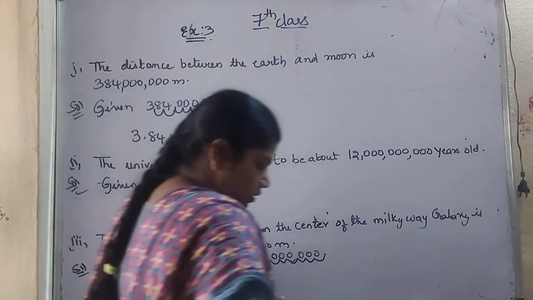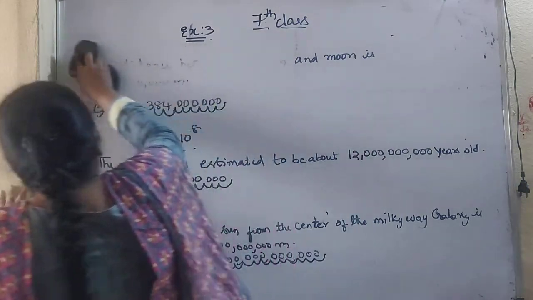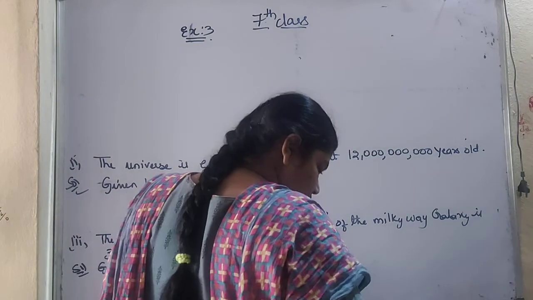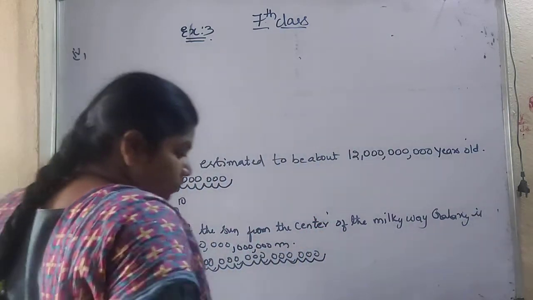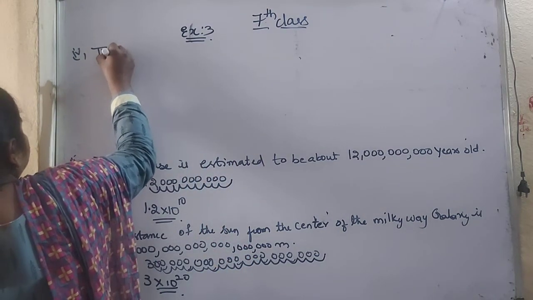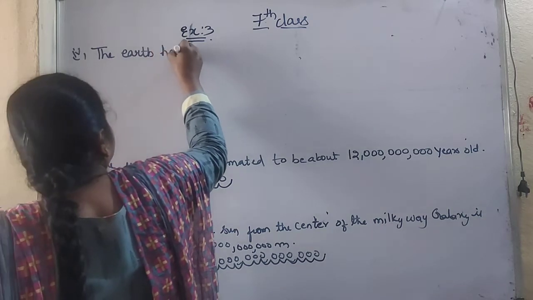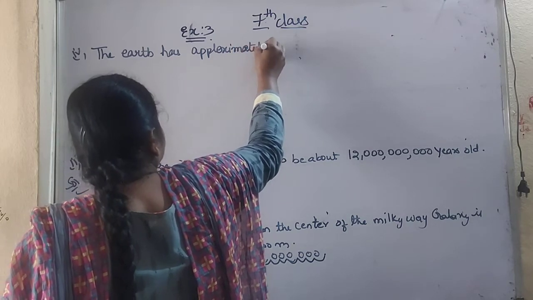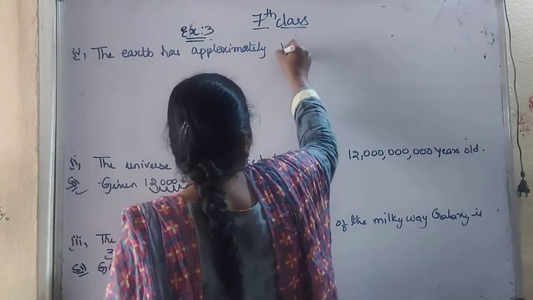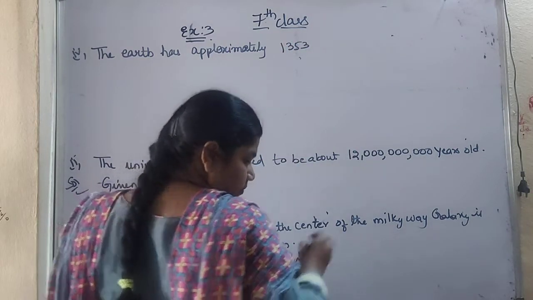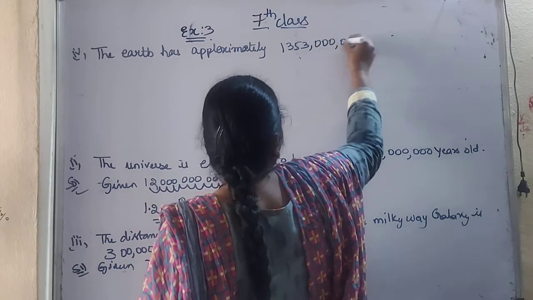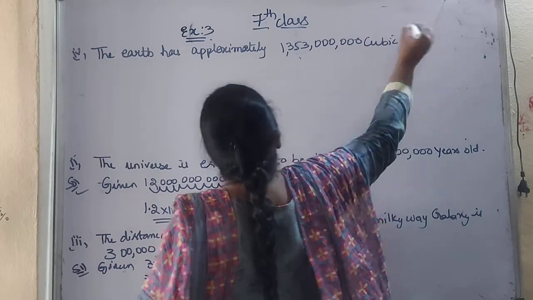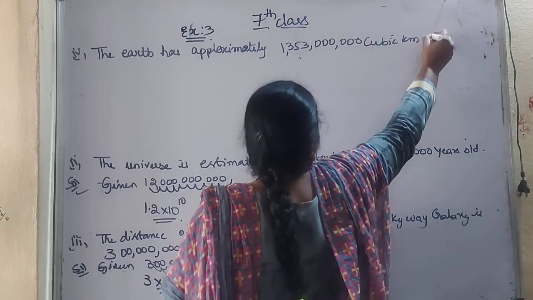So next is the fourth one. The earth has approximately 1353 cubic kilometers of seawater.